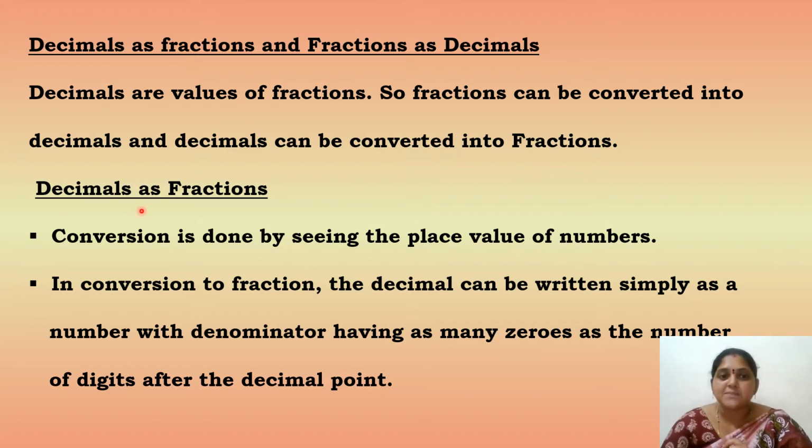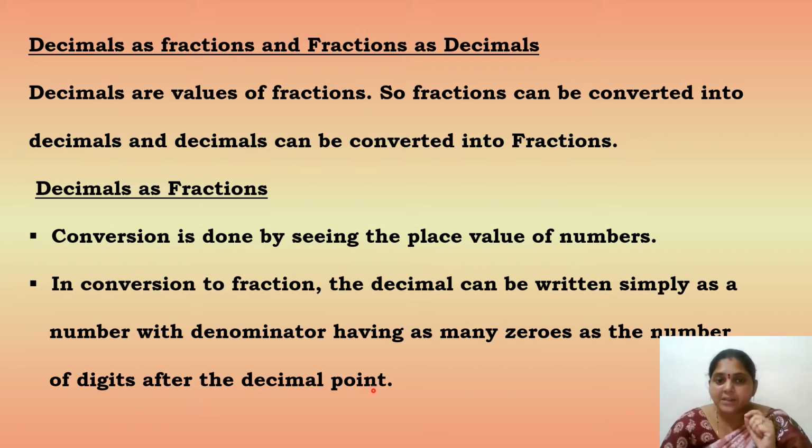Now we'll see decimals as fractions. Conversion is done by seeing the place value of numbers. First we'll be identifying the place values and then we will be converting the values. In conversion to fraction, the decimal can be written simply as a number with the denominator having as many zeros as the number of digits after the decimal point.